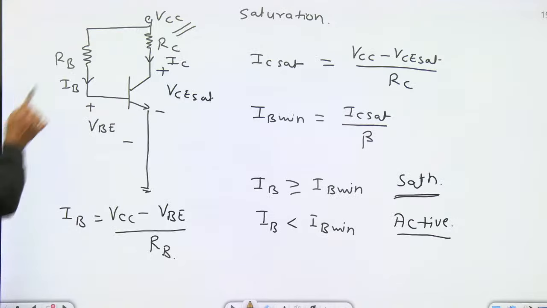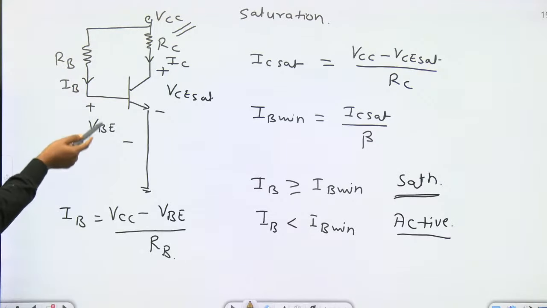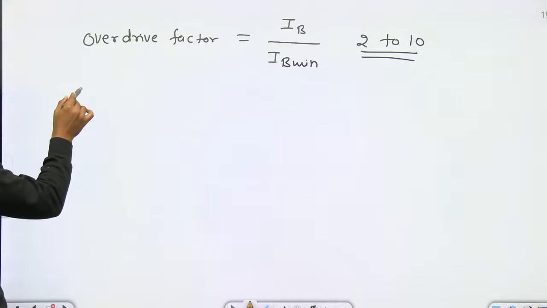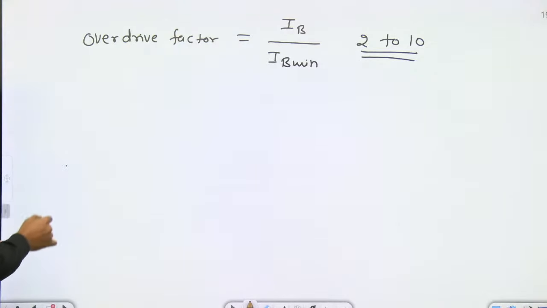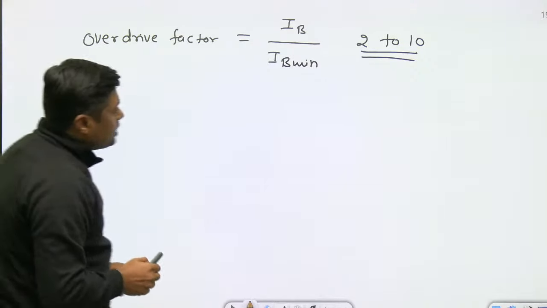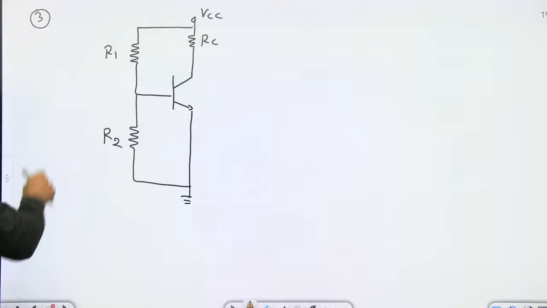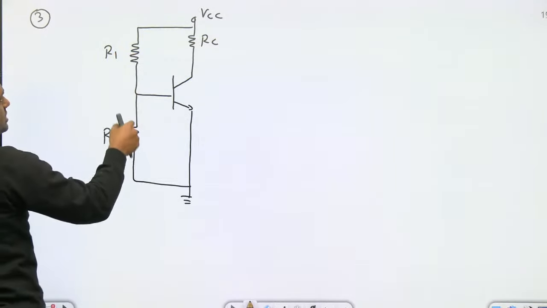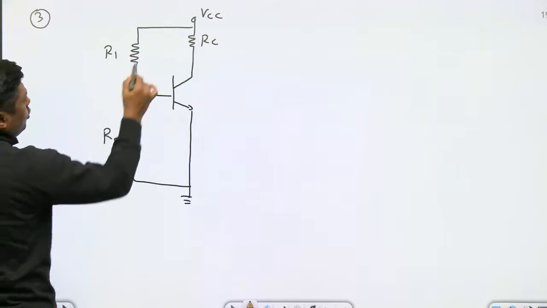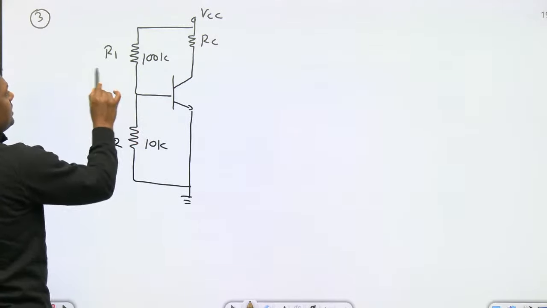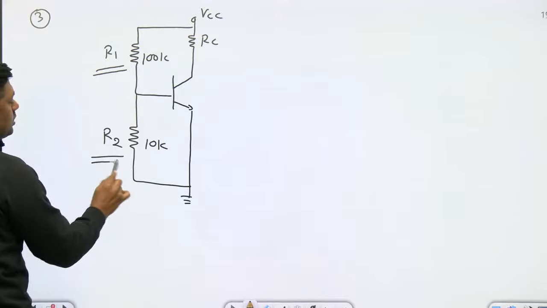Why are we using the potential divider here? Simply because in the first diagram the value of resistor required is very high. Therefore we are connecting 2 resistors, where normally one resistor is 100 kilo ohm, which is high, and the other is 10 kilo ohm, which is low.